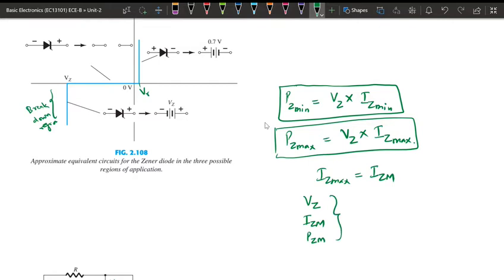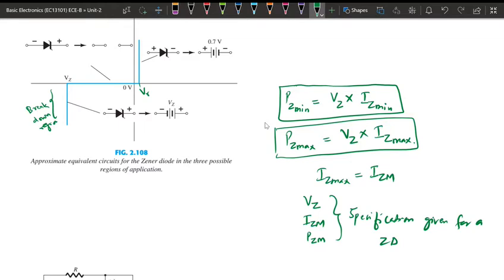These are the three specifications given for a Zener diode.